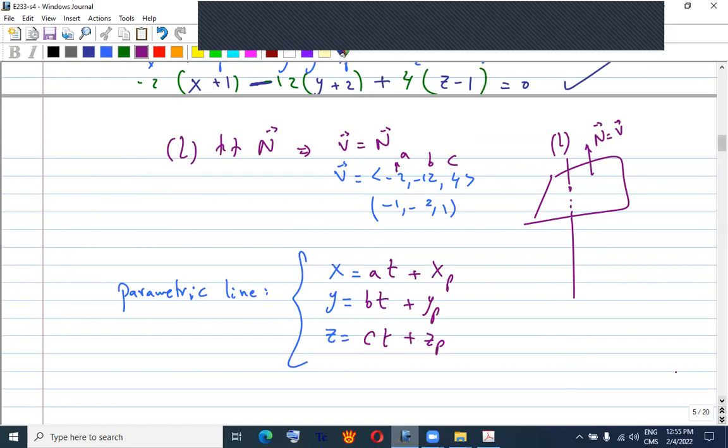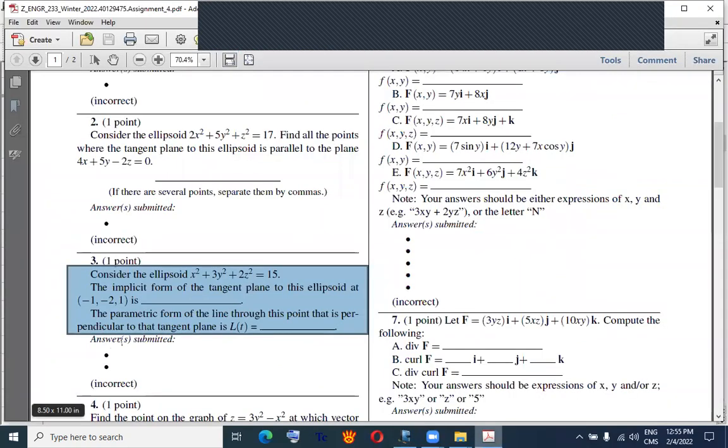This is in general, right? So plug in numbers, and that's it. So the a, b, c are -2, -12, and 4. This is for the t. And the point, just to plug in. That's it. Presented in your system, okay?